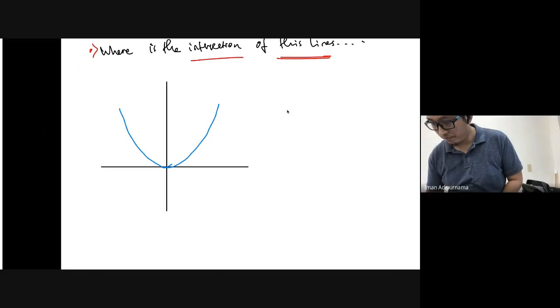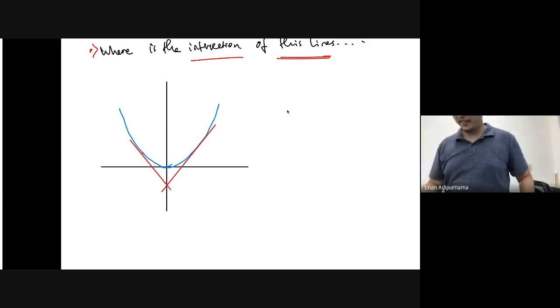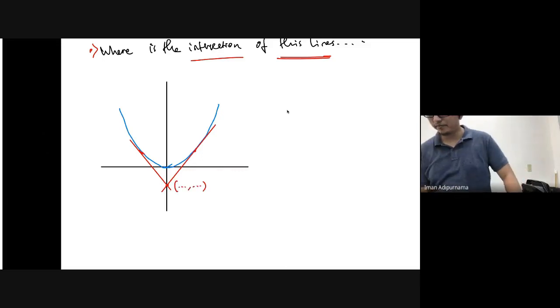Later, we pick a point maybe here and here, so that when we have the line, it is not a bad line. So imagine this is the tangent line. This is also the tangent line here. And you need to find this point, okay?